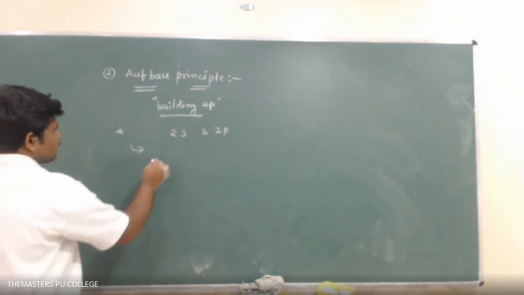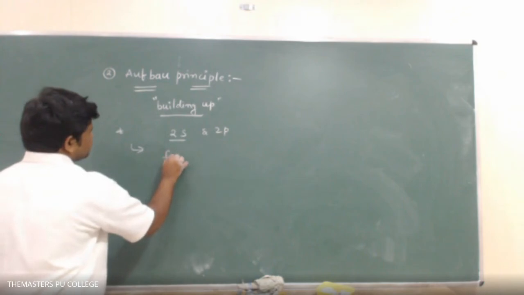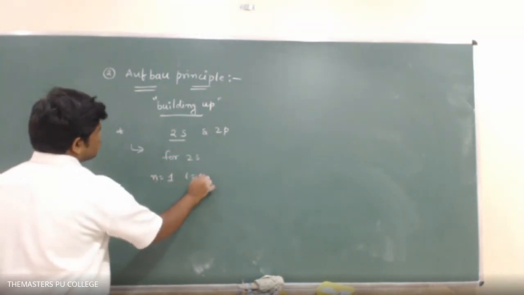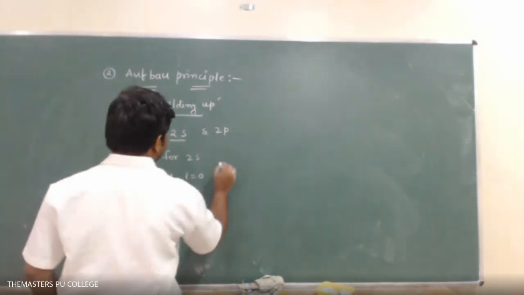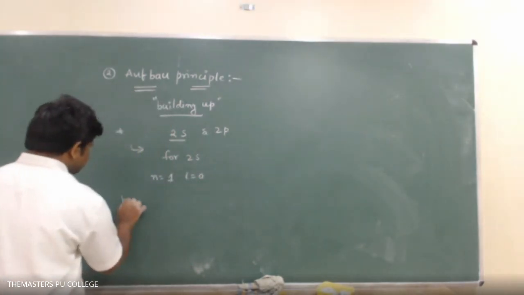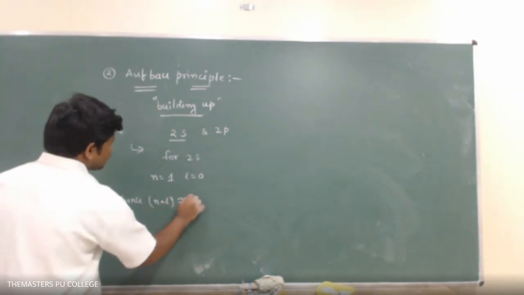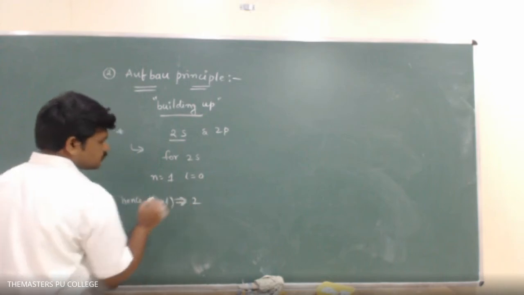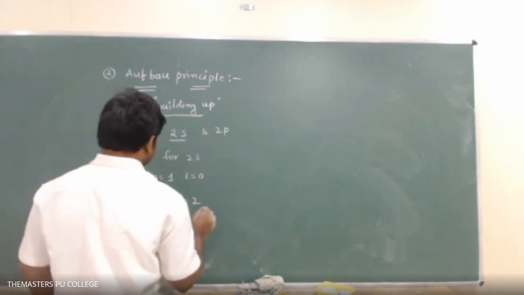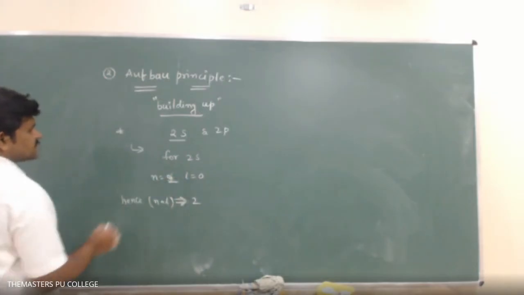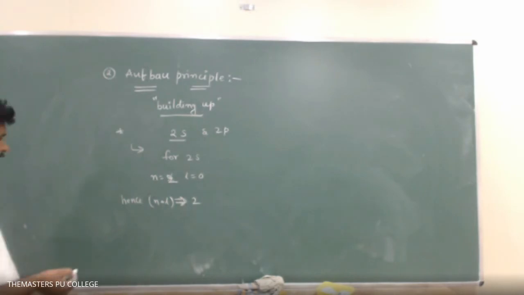Listen, for the 2s orbital, n is equal to 2, l is equal to 0, hence n plus l is equal to 2.